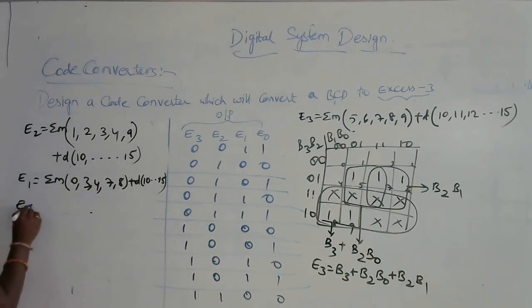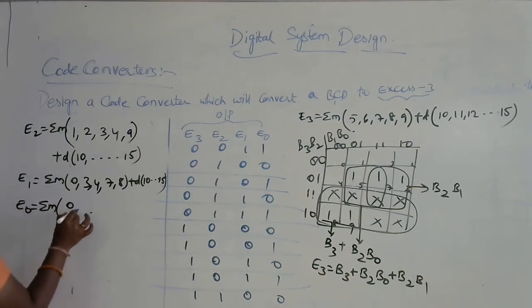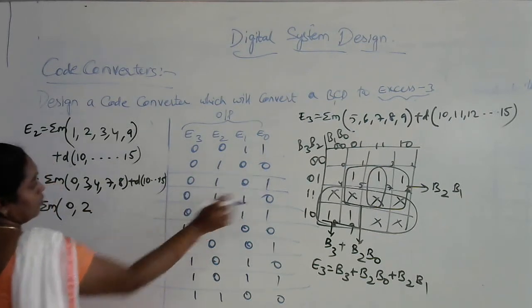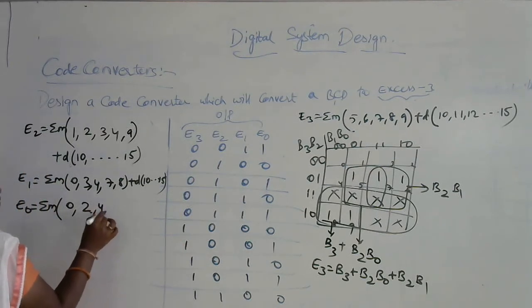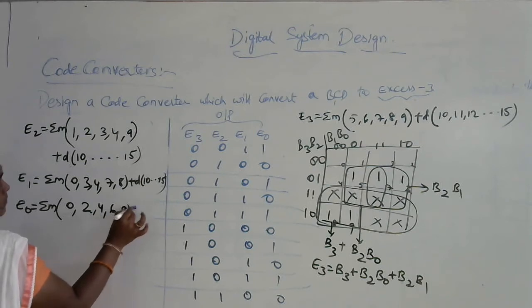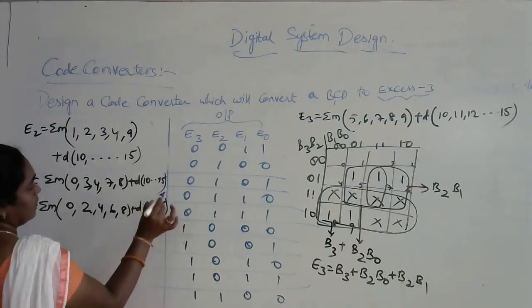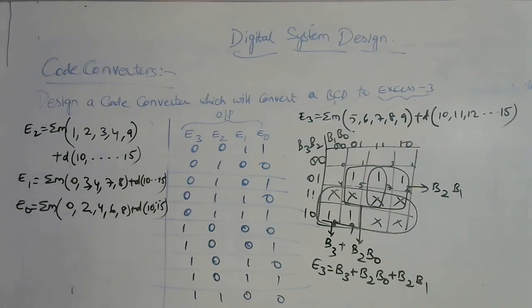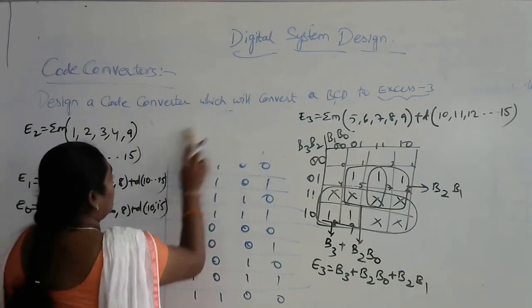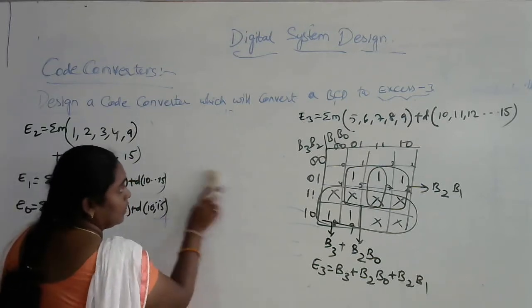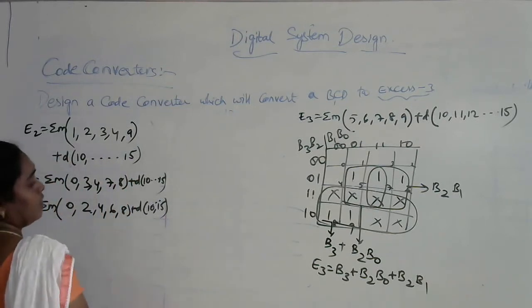And E0 is equivalent to sigma m of 0, 2, 4, 6, 8, plus don't cares of 10 to 15. So here we need to draw all the K-maps for E0, E1, E2 and E3. Already we have drawn for E3.